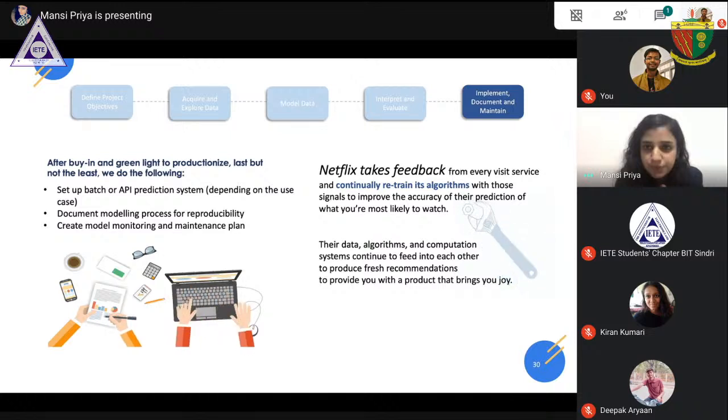Other than that, the thing we don't always do is document, because maybe you or someone else would like to work on it in the future. So document it properly, and then create a proper plan for monitoring and maintaining the model, if you want that model to keep improving day by day.